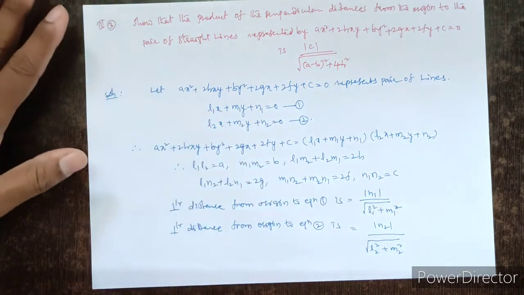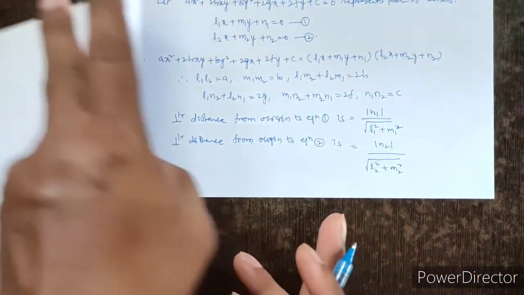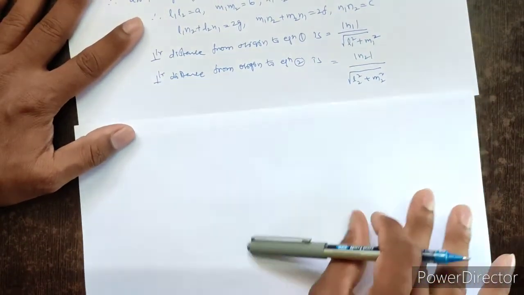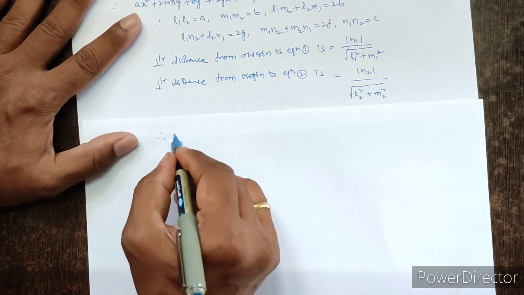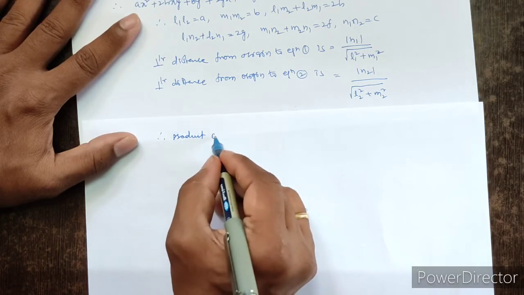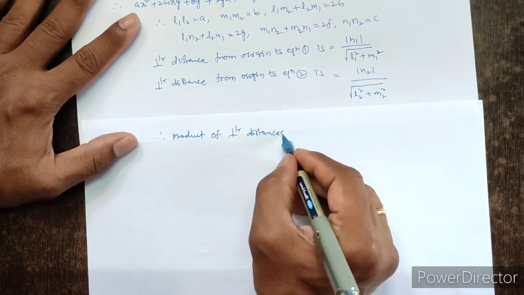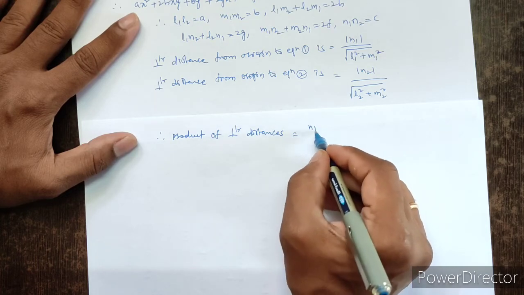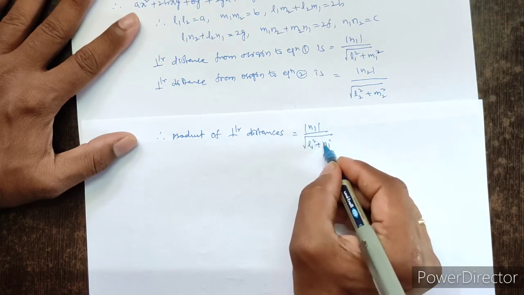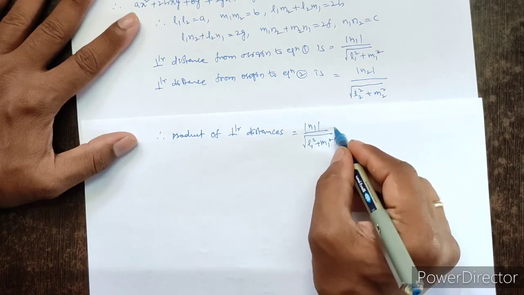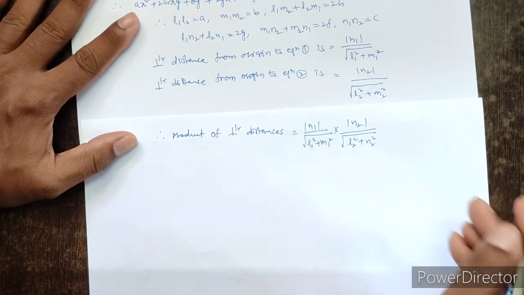The product of these two distances, therefore, product of perpendicular distances equal to modulus N1 by root of L1 square plus M1 square into modulus N2 by root of L2 square plus M2 square.